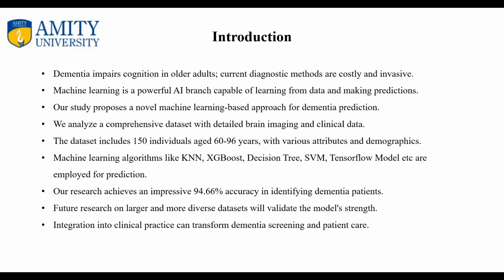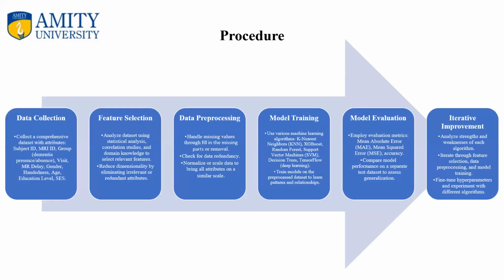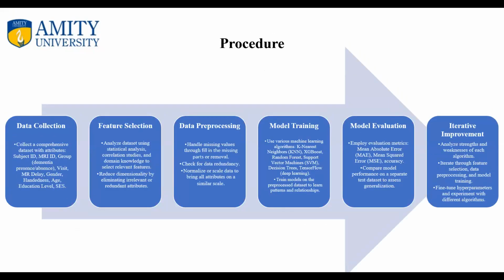The procedure that I have taken includes data collection, gathering detailed subject ID, MRI ID, group, dementia is present or not, visit, MRI delay, gender, handedness, age, education level, and SES. Feature selection, use statistics and correlation and knowledge to pick key features and trim irrelevant and repeated attributes for simple analysis.